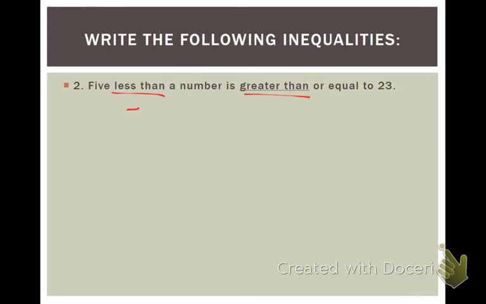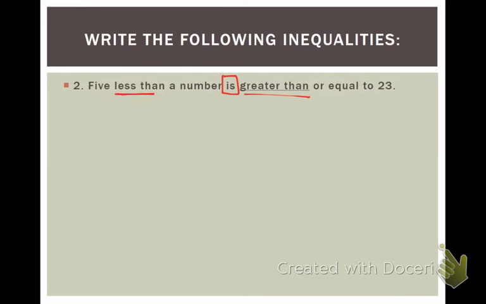Now this says is, now the next part is greater than. That word is what triggers the inequality sign for me. This part is greater than the other parts. We need an inequality sign. This didn't have an is in front of it, so we don't need an inequality sign there. So to write this thing out, 5 less than a number.